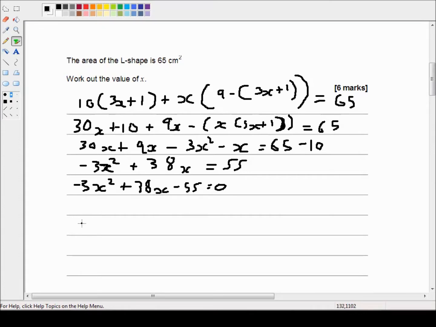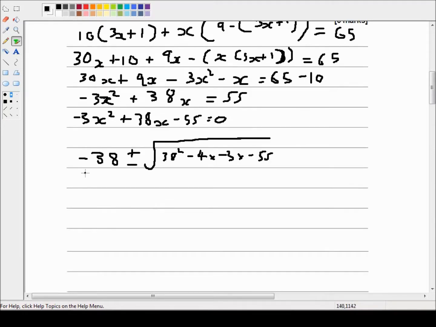So this is minus b, which is minus 38, plus or minus the square root of b squared, so that's 38 squared, minus 4 times minus 3 times minus 55, and that's all over 2 times minus 3.